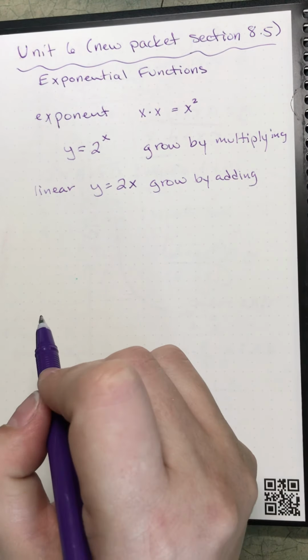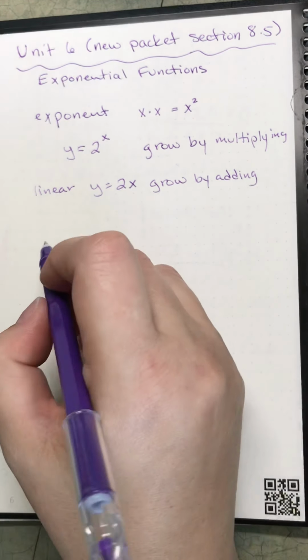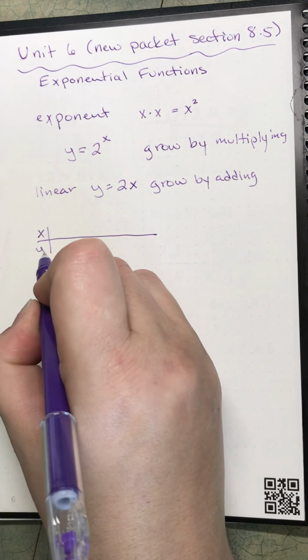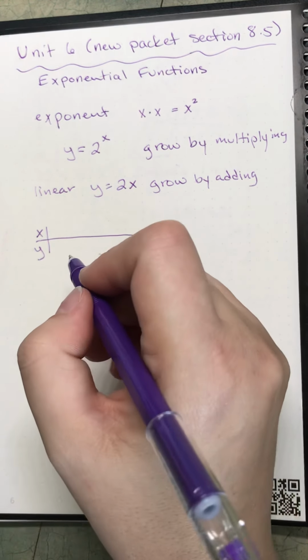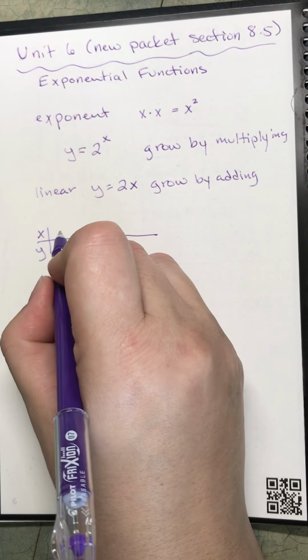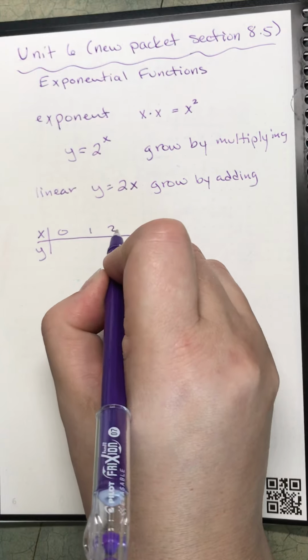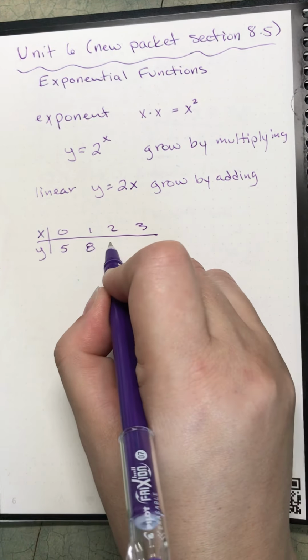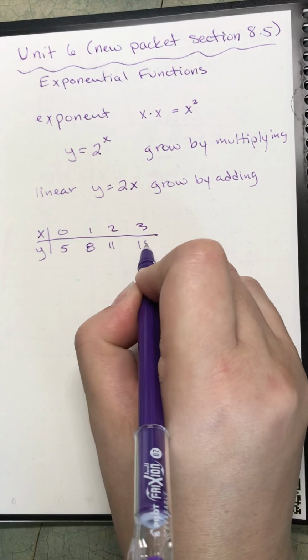Okay, so if I were to have a table, and I have x values 0, 1, 2, 3 and y values 5, 8, 11, 14.